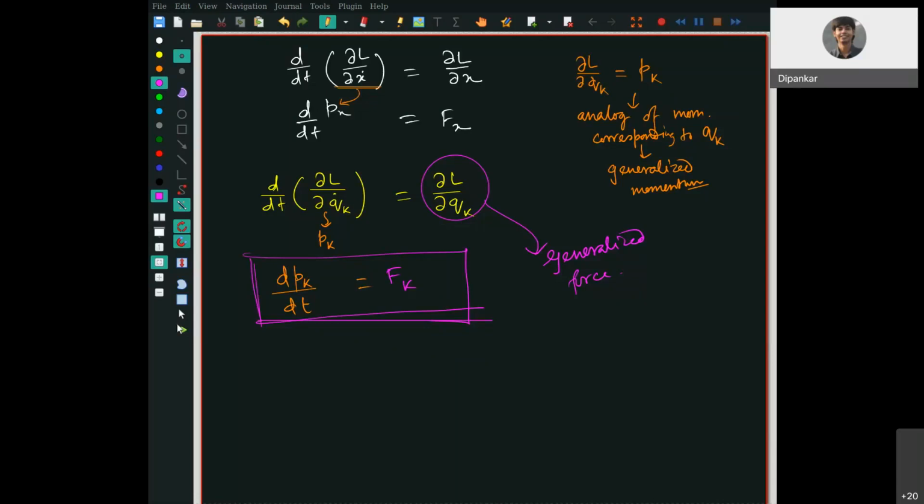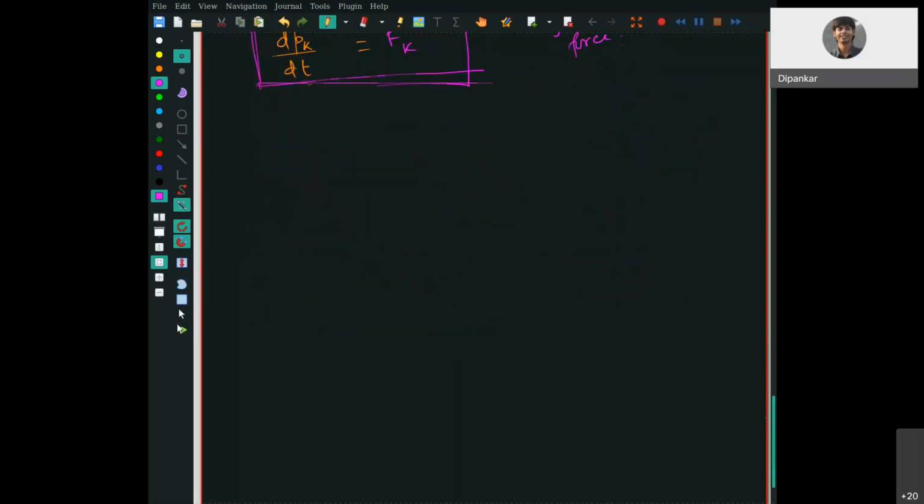Yes. So the example I want to give here is the point particle in 2D polar coordinates.